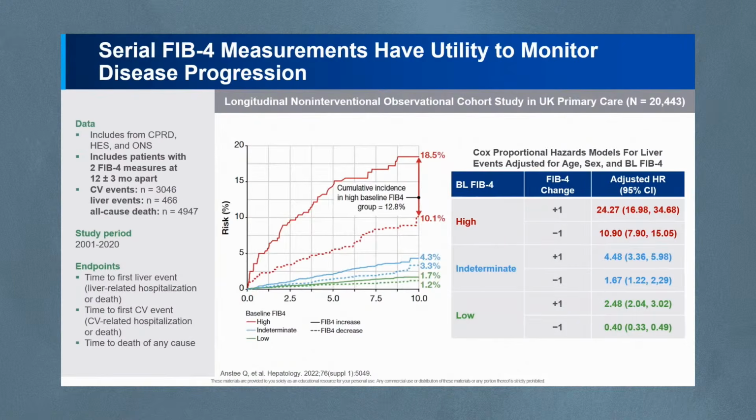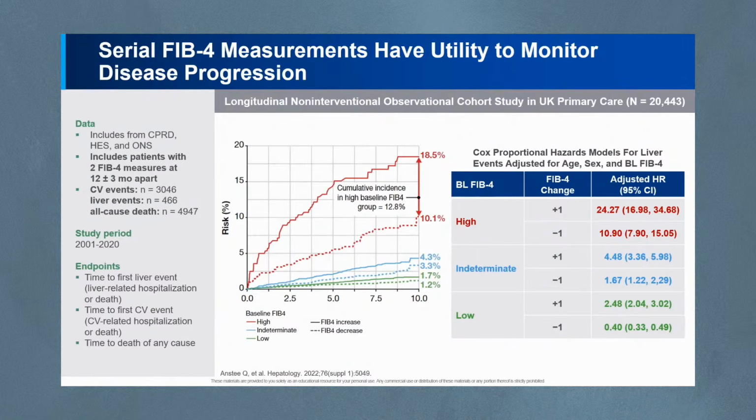And I've alluded to this before, because it's cheap as chips, we can repeat it again 12 months later or 24 months later. And with that additional information, looking at the change in FIB4 over that period of time, we can refine our prognostication. So, for example, if you're already in the high-risk category and your FIB4 goes up by just 1 unit, your hazard ratio goes up to 24.